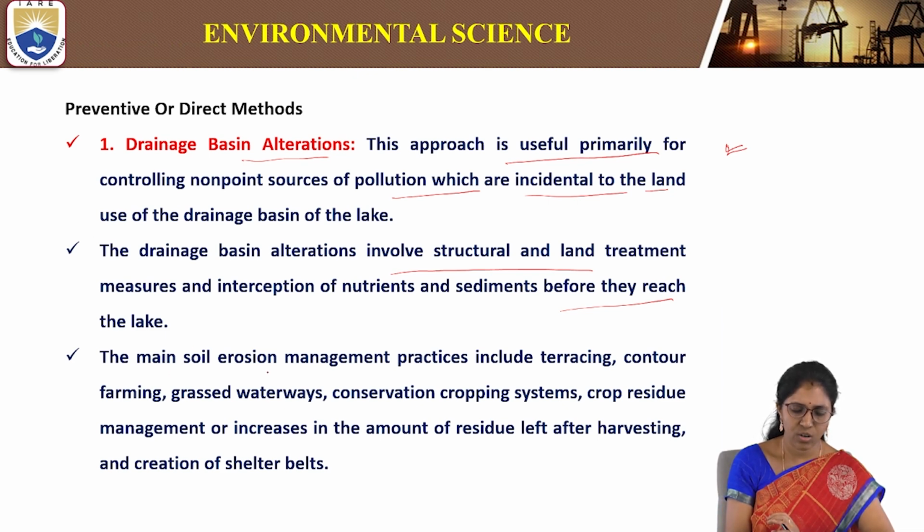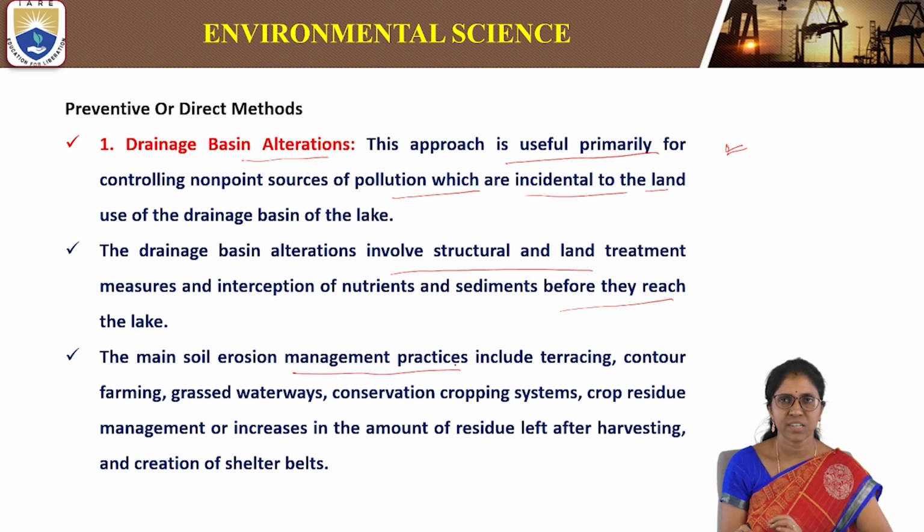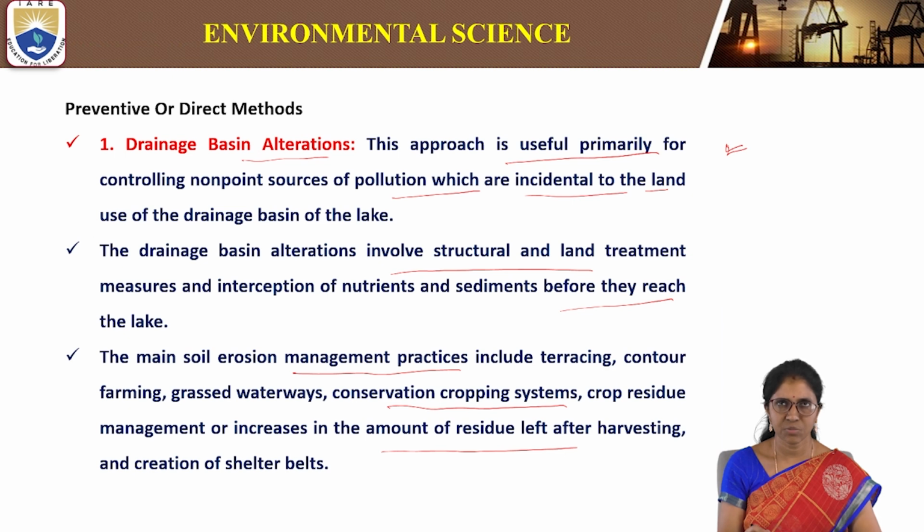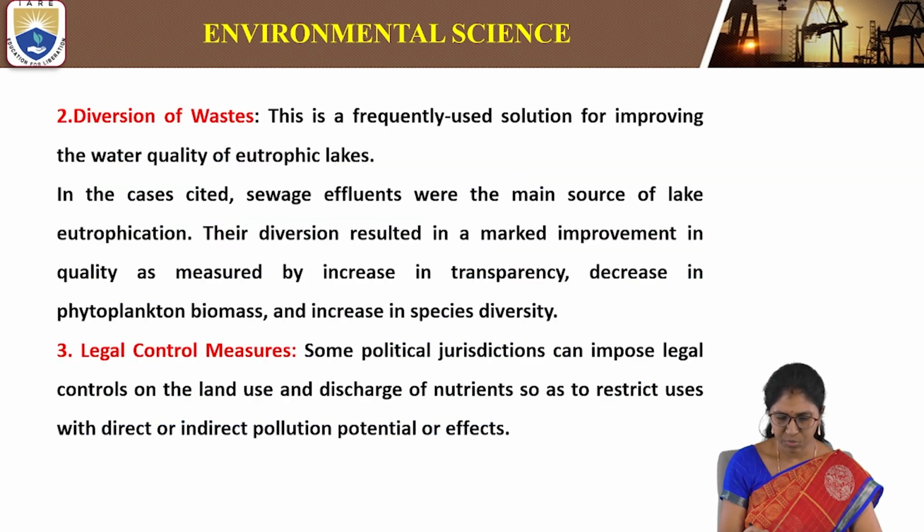The main soil erosion management practices include terracing, contour farming, grassed waterways, conservation cropping systems, crop residue management, or increases in the amount of residue left after harvesting, and creation of shelter belts. This is drainage basin alteration, a preventive method.